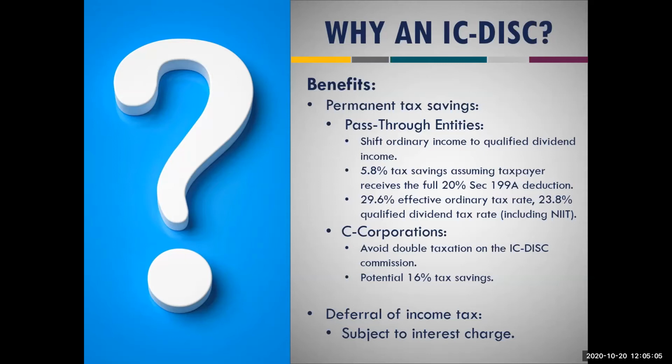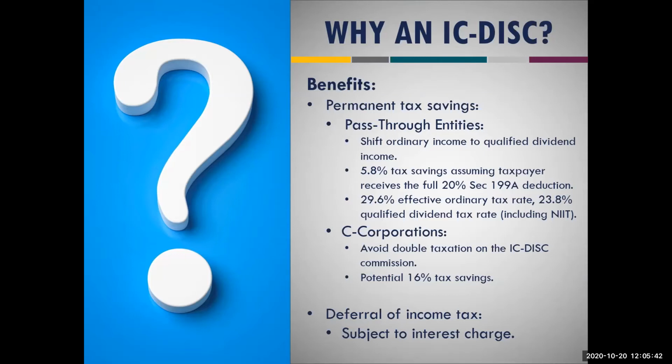And it's hard to pinpoint what the exact tax savings would be in a pass-through entity structure, just because individuals are subject to ordinary tax at marginal tax rates. If we assume that the ultimate individual taxpayer receives the full deduction under Section 199A, which is a 20% deduction on pass-through income, and is in the highest marginal bracket, that would result in a 29.6% effective ordinary tax rate.